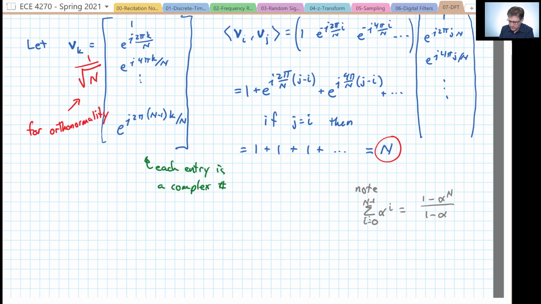So in this case, our alpha is equal to e to the j 2 pi over n, our other j minus I.